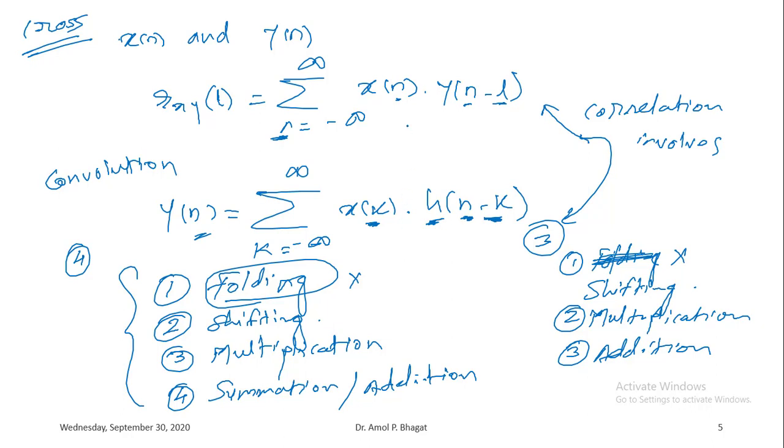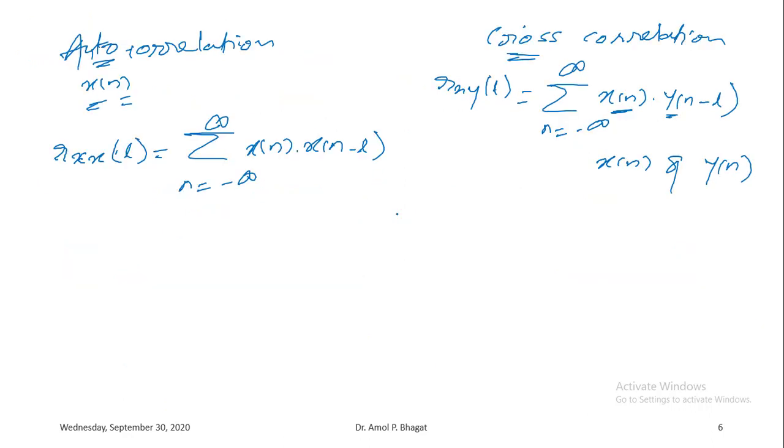The remaining operations, shifting, multiplication and addition, are similar in both. We have also seen the difference between cross correlation and autocorrelation. The main purpose of the correlation operation is to compare the given signals, identifying the degree of similarity between the two signals.